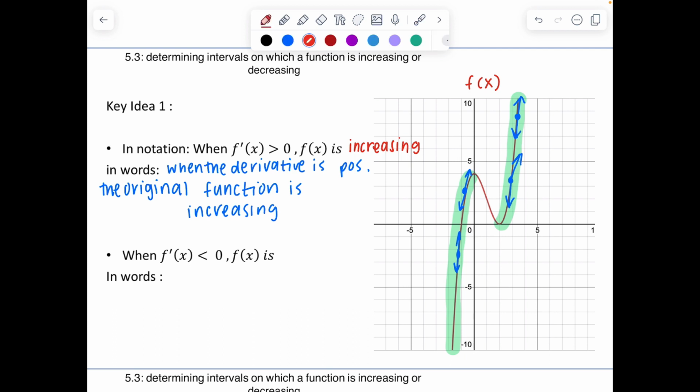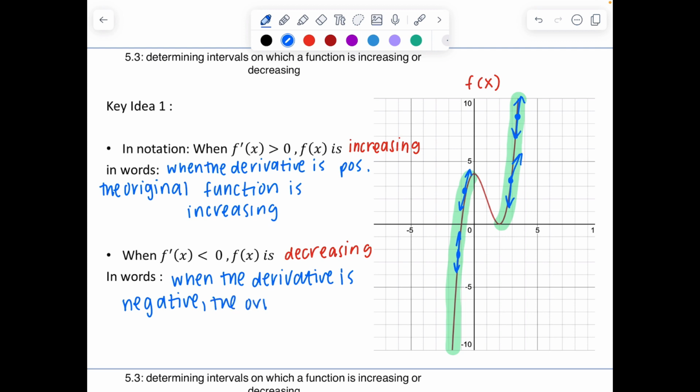So over here it says when f prime of x is less than 0, f of x is decreasing. And so in other words, what that means is that when the derivative is negative, the original function is decreasing.